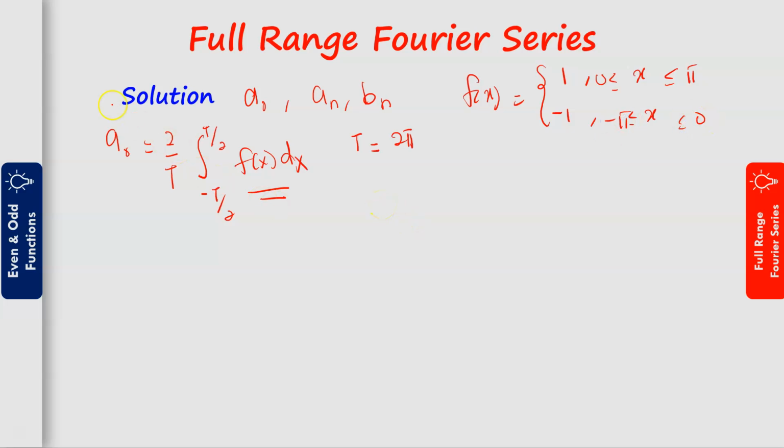So now class, when we want to solve this, you will have a naught equal to 2 over T, and T is 2 pi, so 2 over 2 pi. You will integrate starting from negative 2 pi over 2 to 2 pi over 2 of f(x), which is given by this one, so I will not write it.